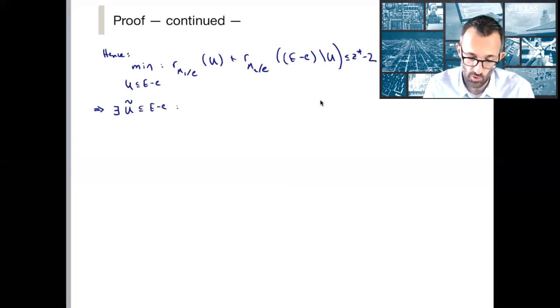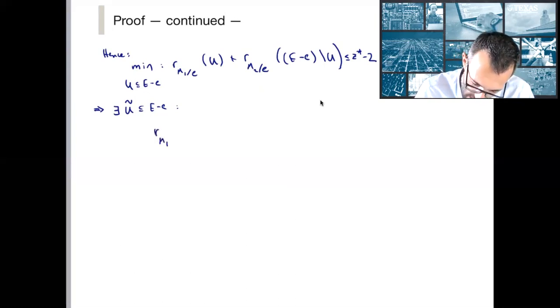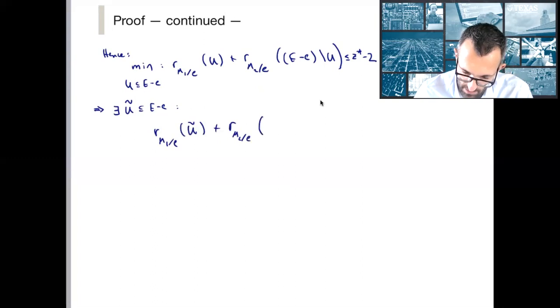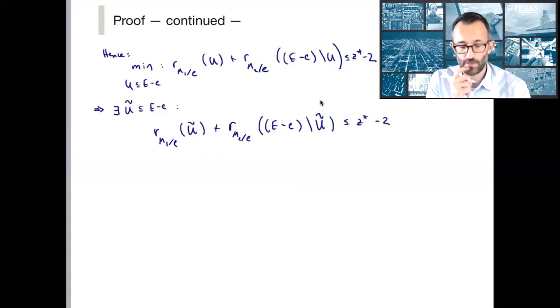Now we have our U hat, which was in our box 2 slides ago. Our U tilde satisfies that R of M1 contracting E of U tilde plus R of M2 contracting E in the complement, E minus U tilde, is less than or equal to Z star minus 2.